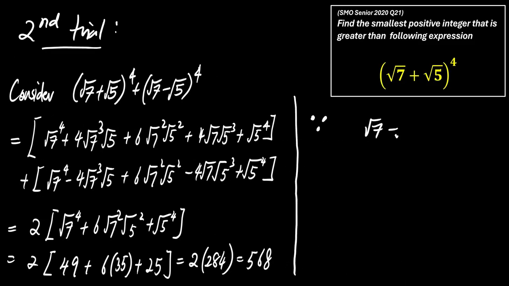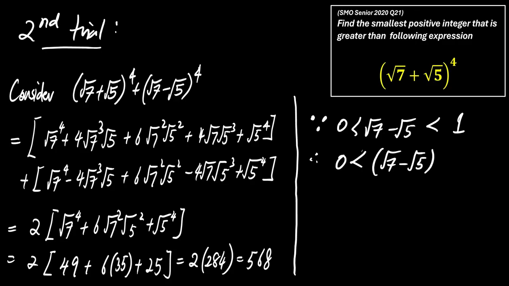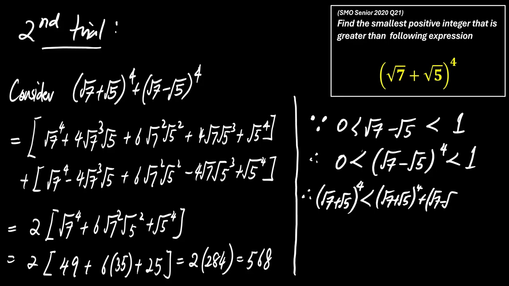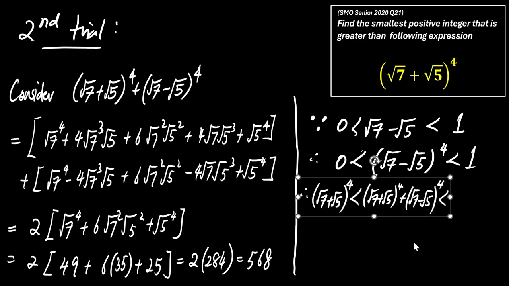Now, square root 7 minus square root 5 is clearly between 0 and 1, so its fourth power is also less than 1. That means (square root 7 plus square root 5) to the power of 4 is greater than 568 minus 1 and less than 568.